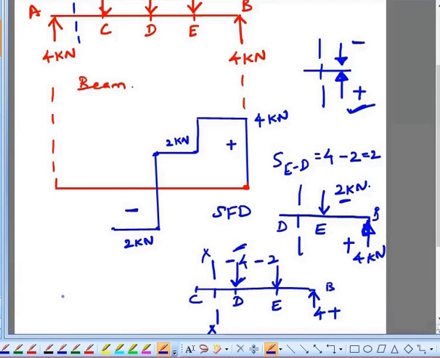I'm taking the section to the left of this x. So if you are having the beam like this, I'm having this reaction force at point A that is equal to 4 kilonewton, and this point C, and this is your section.